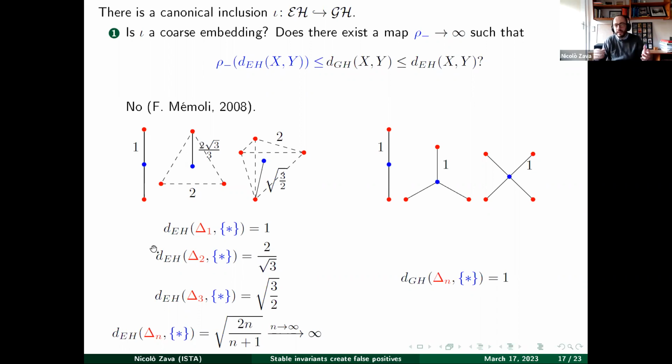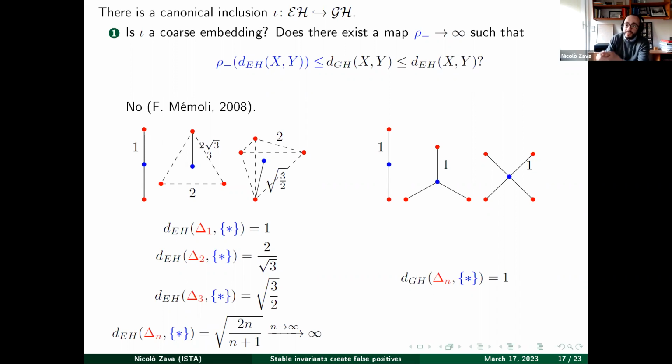Therefore the Euclidean Hausdorff distance increases with the dimension of the simplex, and it tends to infinity as the dimension grows.